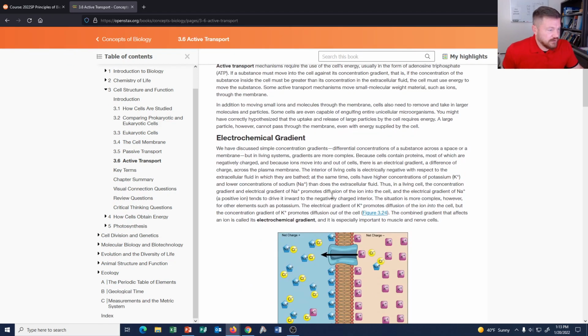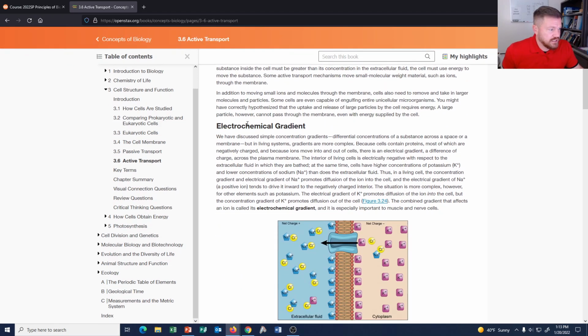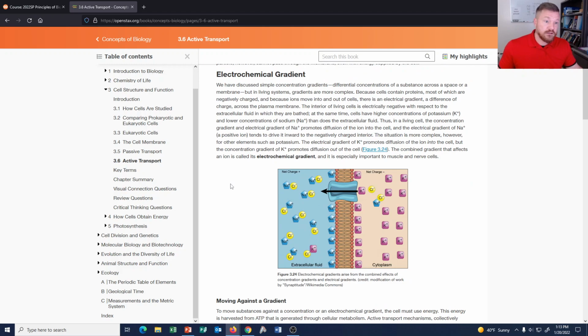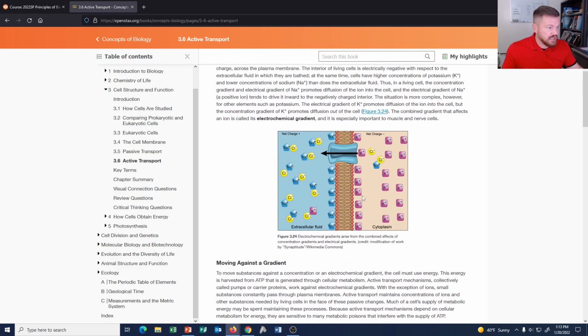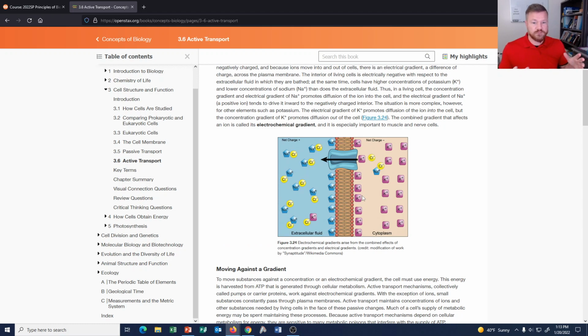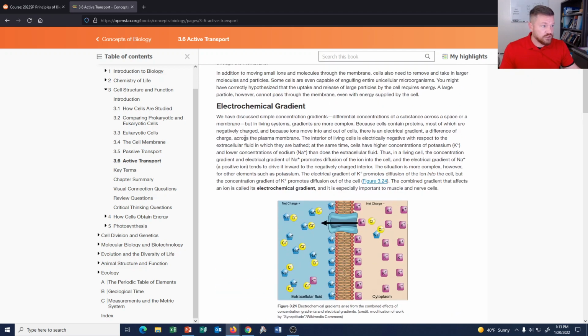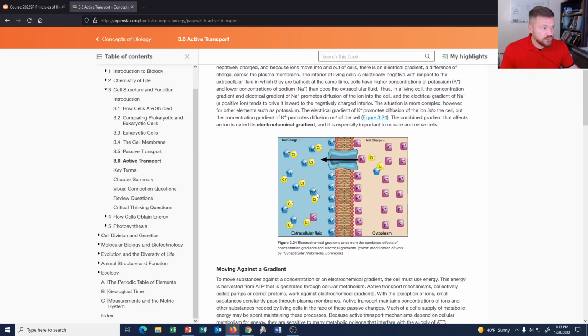And then if we looked at active transport, that's anything that requires ATP. Think about a pump. Pumps are active. Up until this point, I've talked about moving things from high concentration to low concentration, so think about moving things down a hill. You give it a little tap, and away it goes. If you want to do something active, maybe you want to move something up its concentration gradient.